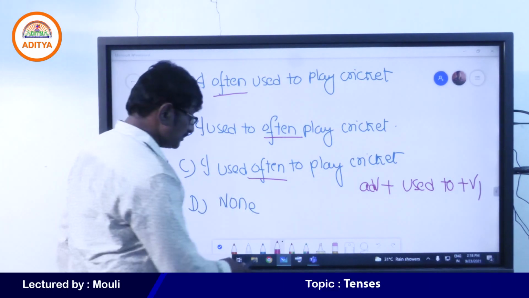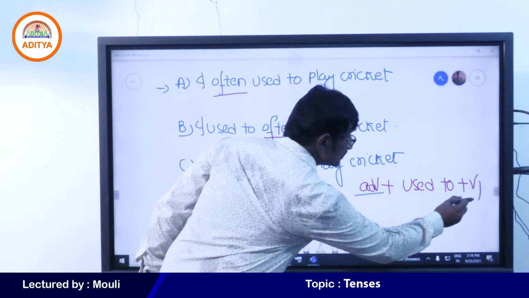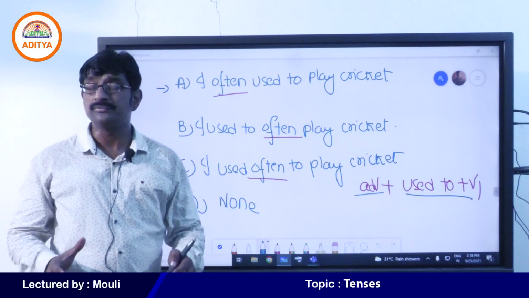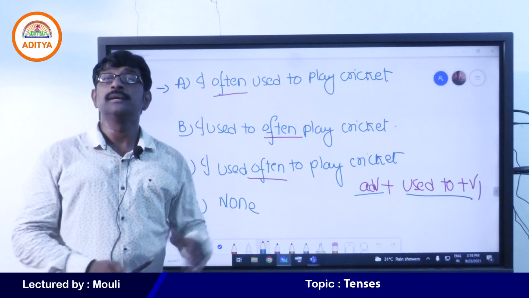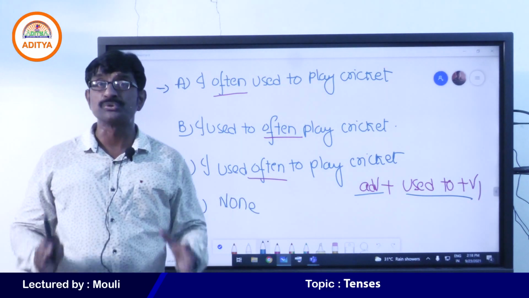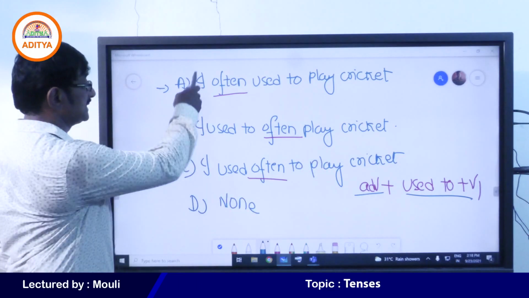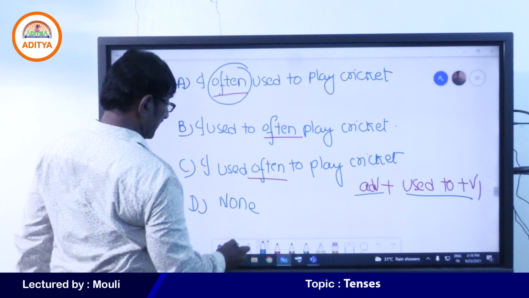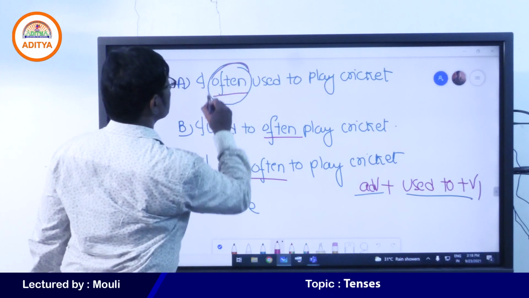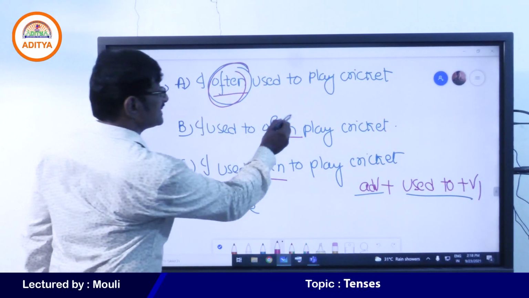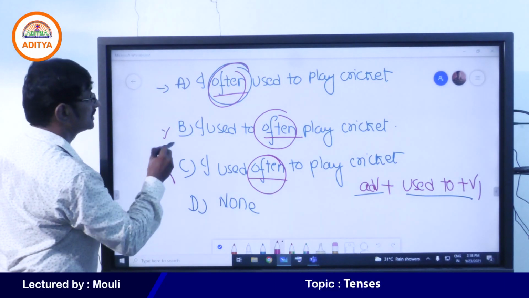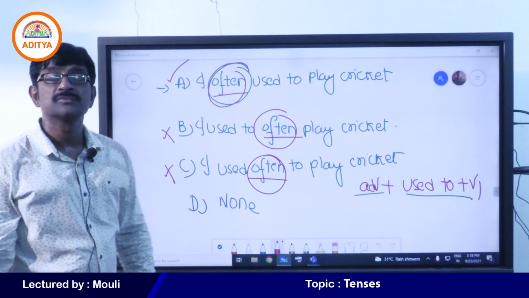Now, we came to know that adverb should be placed before used to. Here the adverb is placed in the middle, here also in the middle. So these two are wrong and this is the right answer.